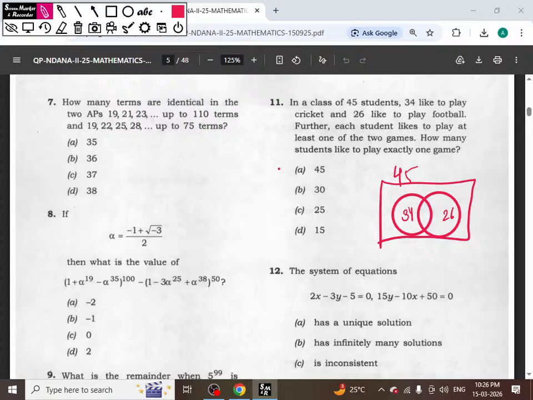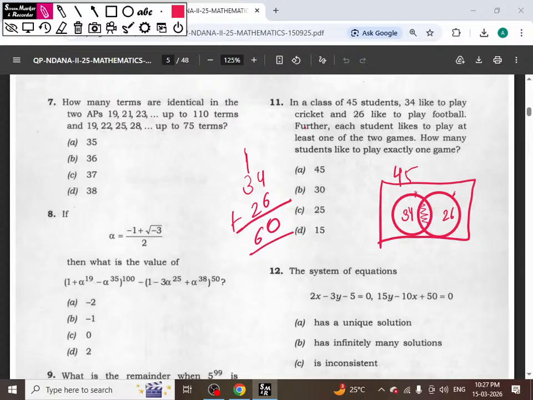So if we combine 34 plus 26, it becomes 60. How many students like exactly one game? We will have to separate out this portion, and find exactly the number of cricket players and football players.